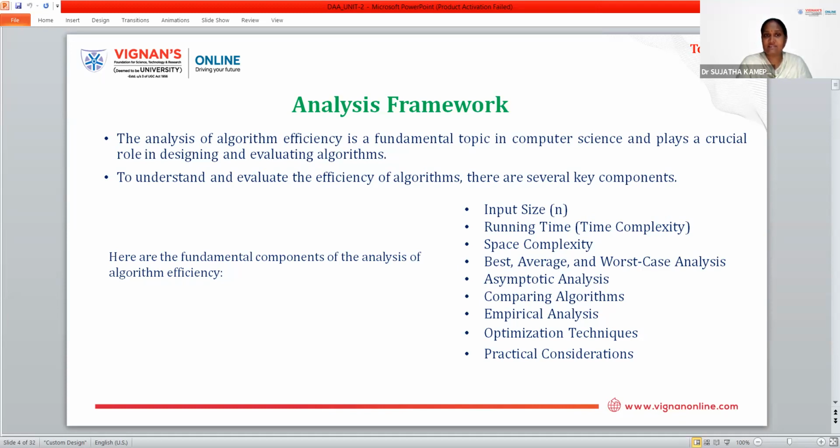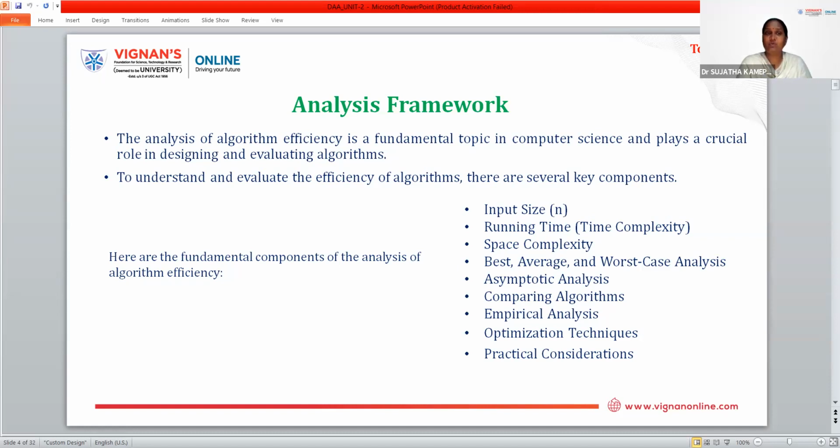This worst case analysis is often the most critical analysis, which guarantees the algorithm's performance in all cases. So the three cases of analysis are best case, average case, and worst case. We'll see the detailed representation of these three cases while we are discussing asymptotic notations.